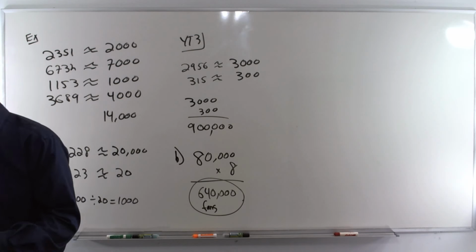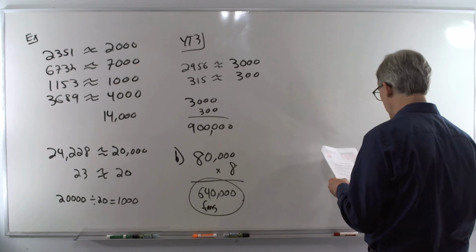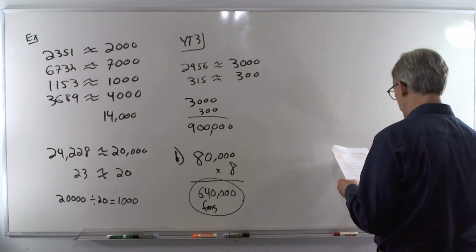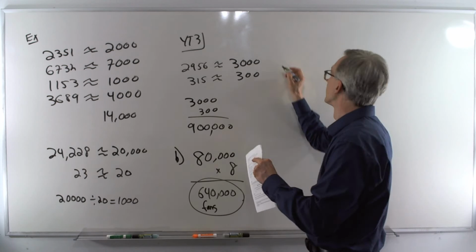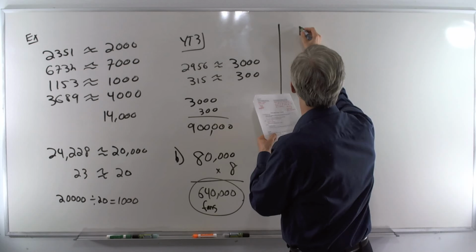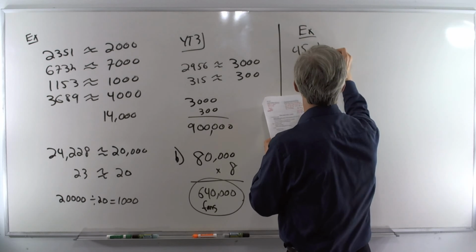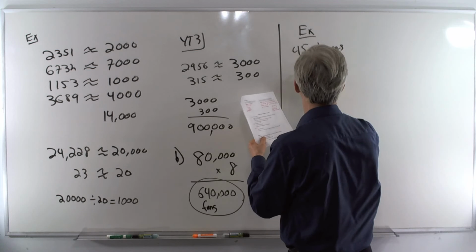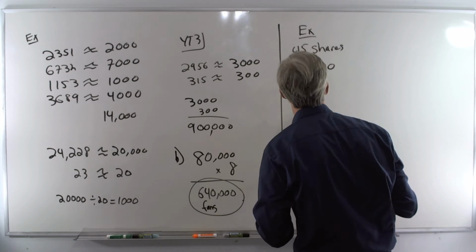So first example, Donna bought 45 shares of stock for $16.20. How much did the stock cost per share? All right, so we're going to read this problem carefully and pick out the values. So we got 45 shares, and the total is $16.20.